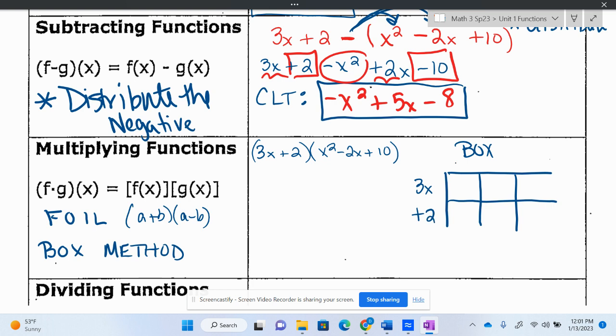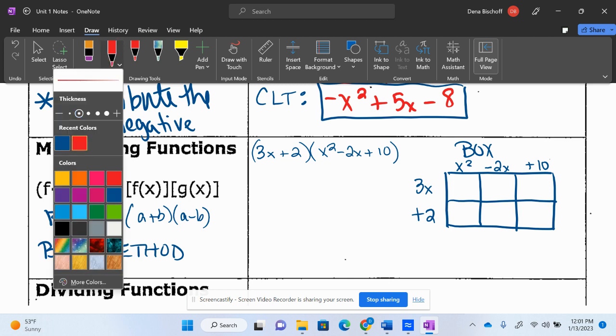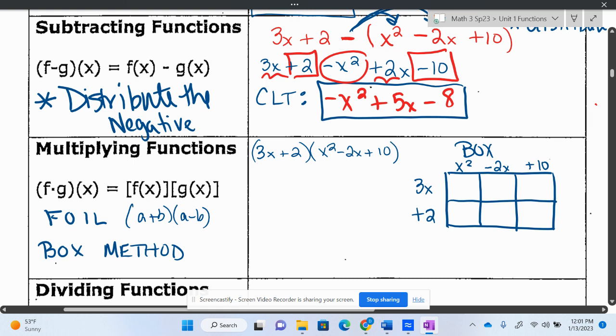And then I'm going to put the x squared, the negative 2x, and the positive 10 across the top. So can someone remember, does anyone remember how to do this? Does someone feel like they could guide us into figuring that out?